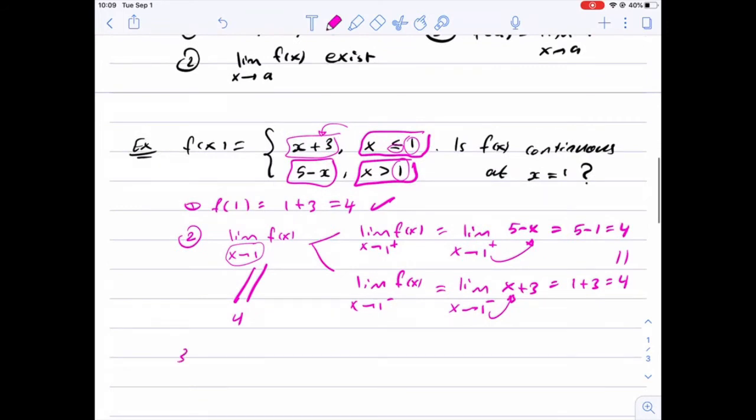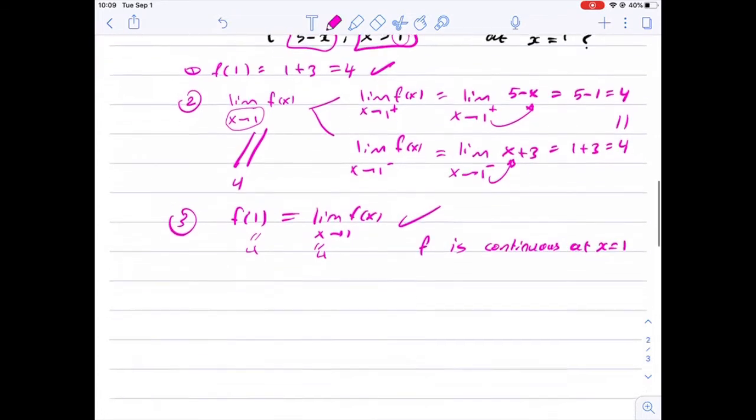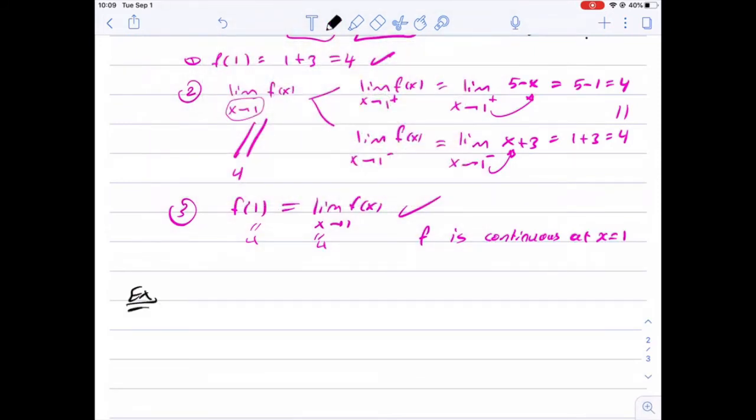Now notice that f of 1 is equal to the limit of the function as x approaches 1. This is equal to 4, this is equal to 4, so the function f is continuous at x equals 1.